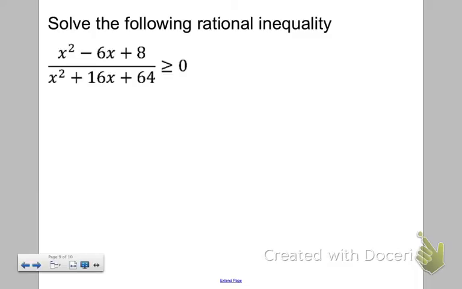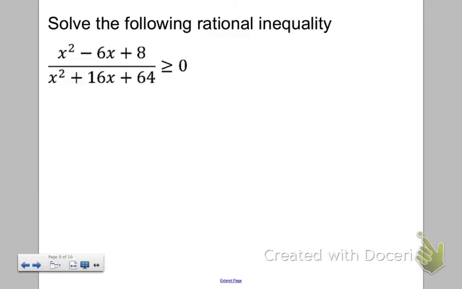Alright, this time we are solving the rational inequality x squared minus 6x plus 8 over x squared plus 16x plus 64 is greater than or equal to 0. First thing that jumps out to me is that I'm going to want to factor this to make it a little bit easier for me to solve my numerator equal to 0 and my denominator equal to 0.